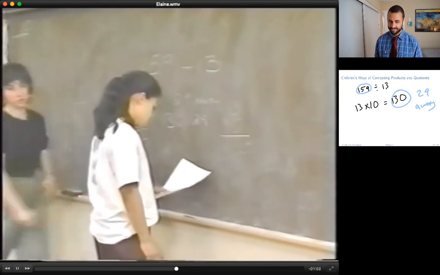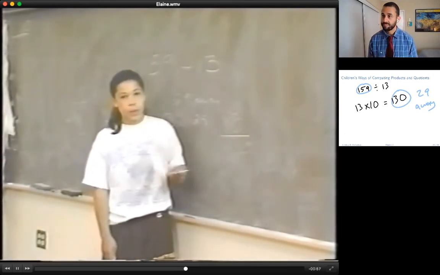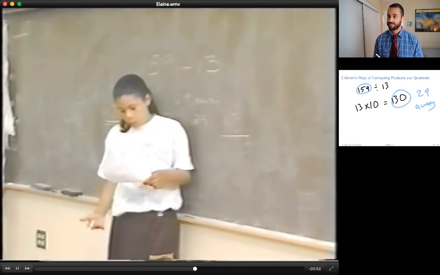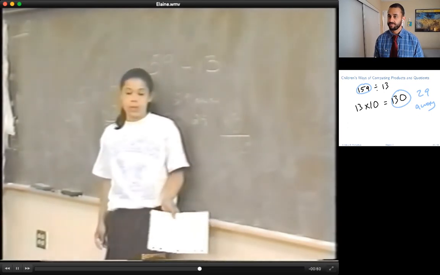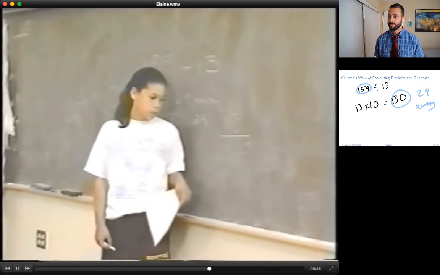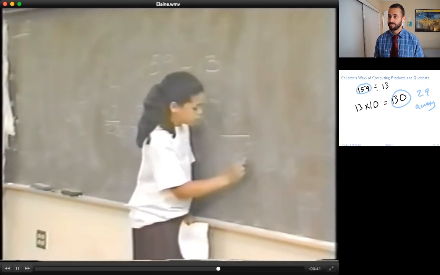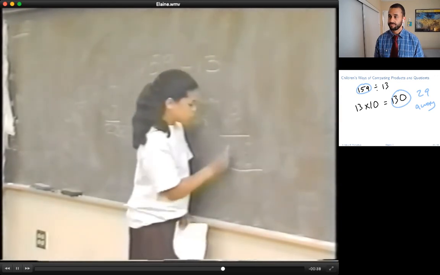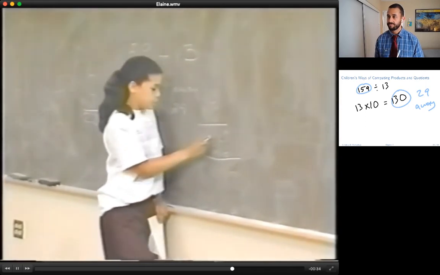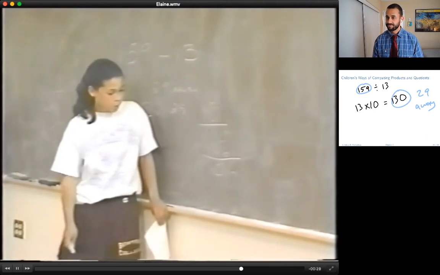Okay. So I knew that 10 plus 10 was 20, and 13 only has 3 more than 10, so I did 10 plus 10, but then I just added 3s into it, and I came up with 26, and then because I knew that I was only 29 away, I added 26 to 130, and I put the 6 here, and 3 and 2 is 5, and the 1 just stayed the same.